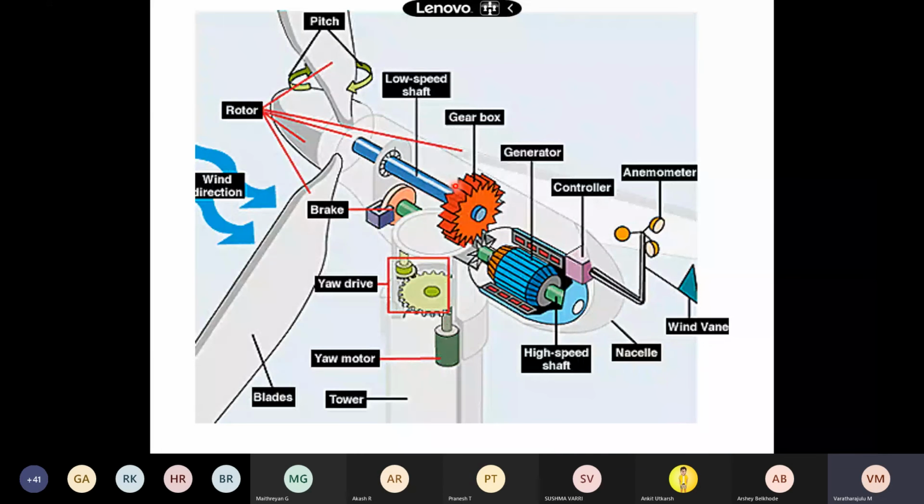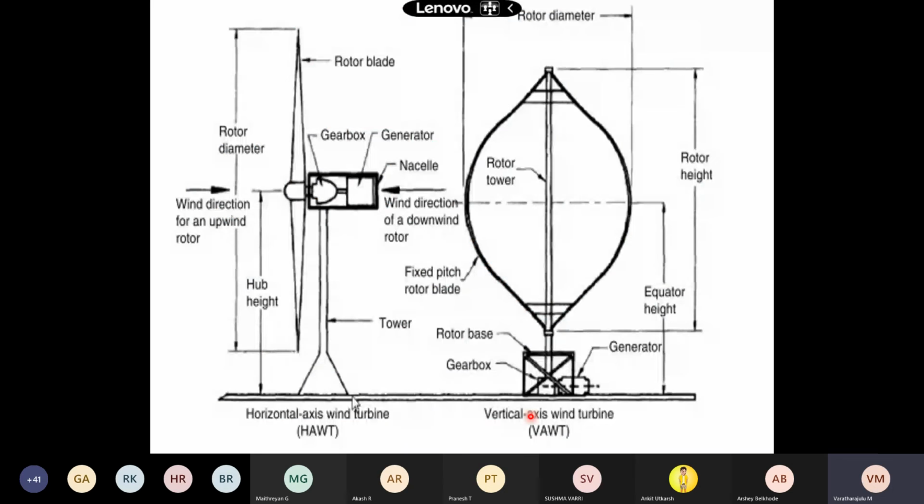These smaller gears are connected to the generator, and through the generator we get the power. We have the controller, and the entire arrangement is provided inside the nacelle, and that's all about these nomenclatures. And see the horizontal axis wind turbine and then the vertical axis wind turbine, and this is the swept area.